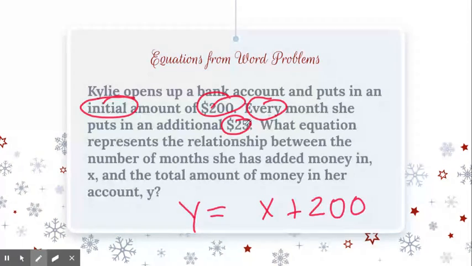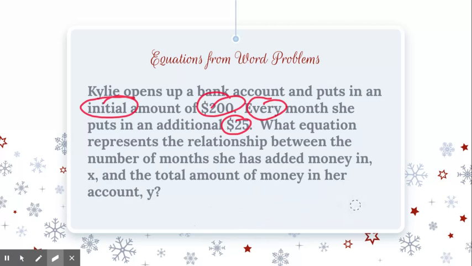And then because she does $25 every month, we're going to put 25x. Okay, and that's all you've got to do. Match the equation to the correct one. When it's multiple choice, all you have to do is match the equation and then you are good. Okay, let's see. I think I have one more for you guys to go over.